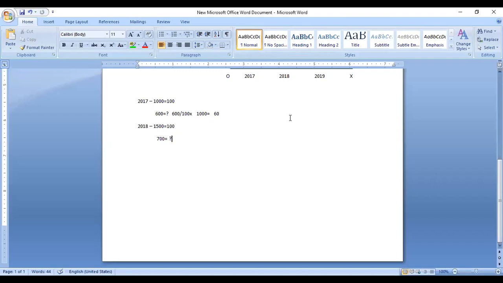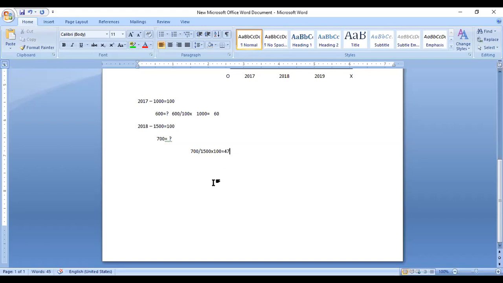We have to calculate 700 divided by 1500 into 100, which is equal to 47.